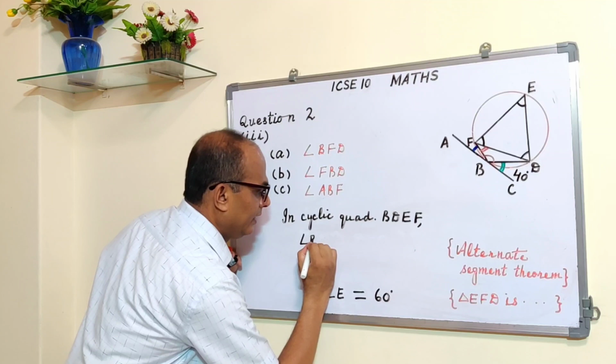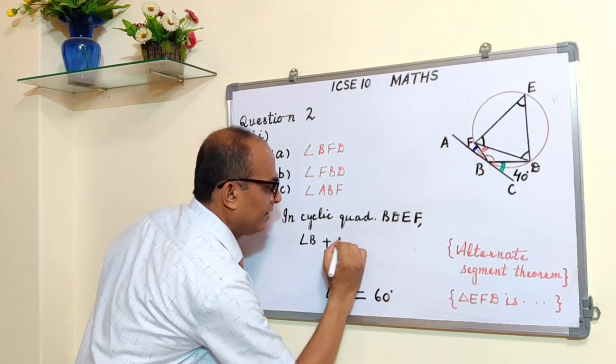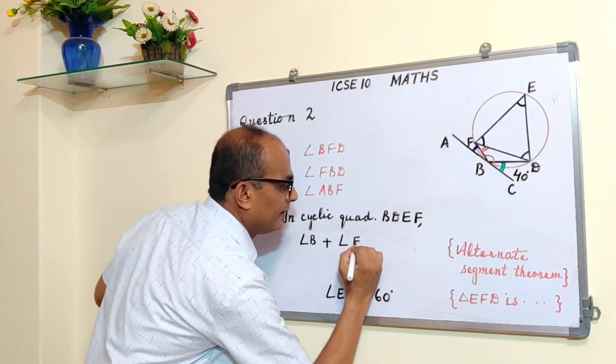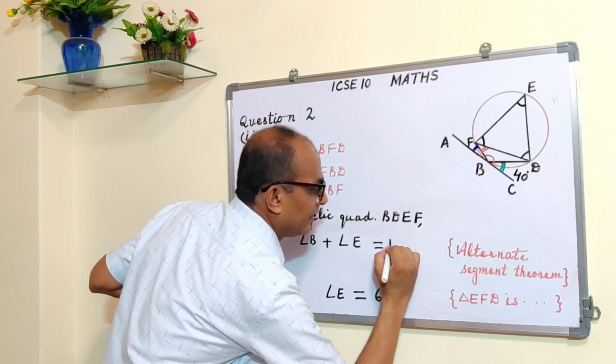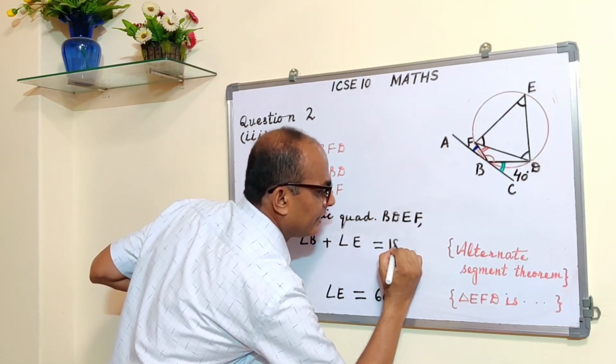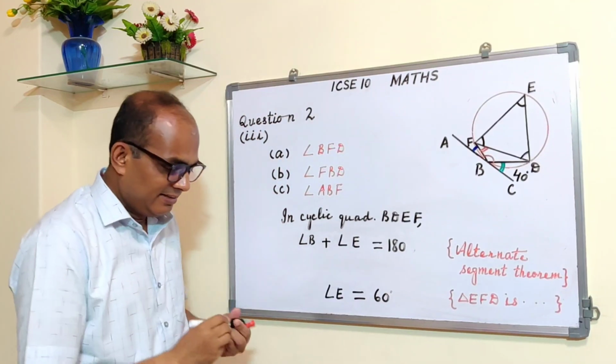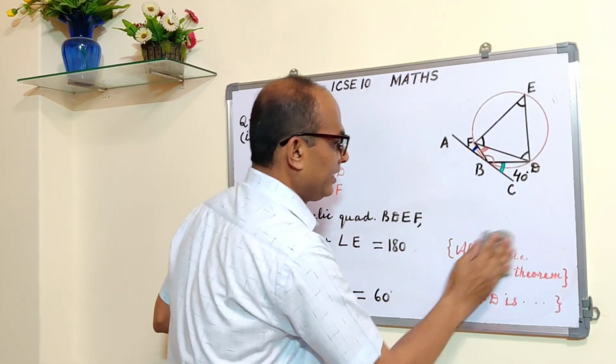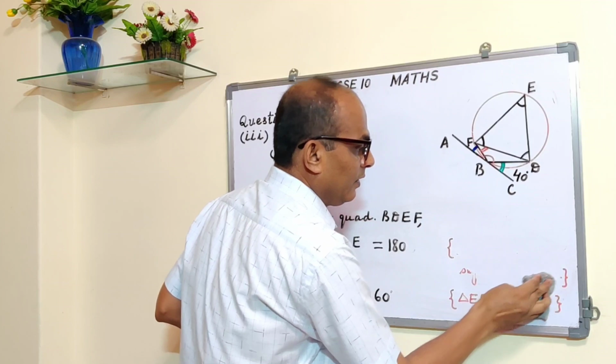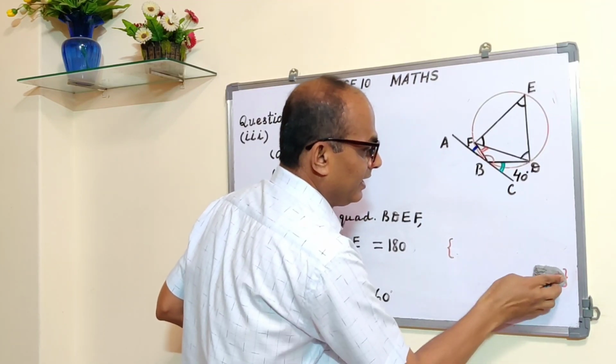Angle B plus angle E is equal to 180 degrees. Reason? Opposite angles in a cyclic quadrilateral are supplementary.